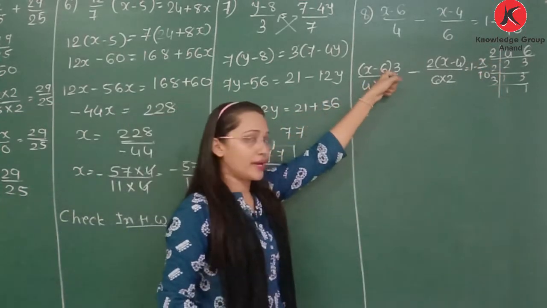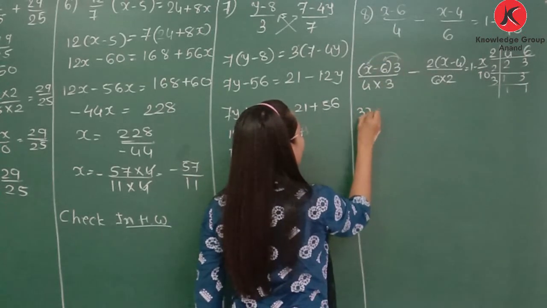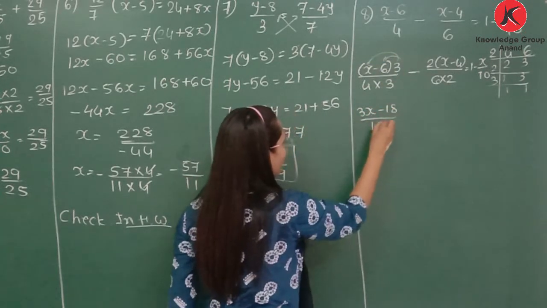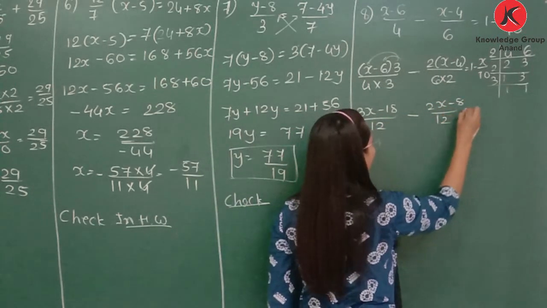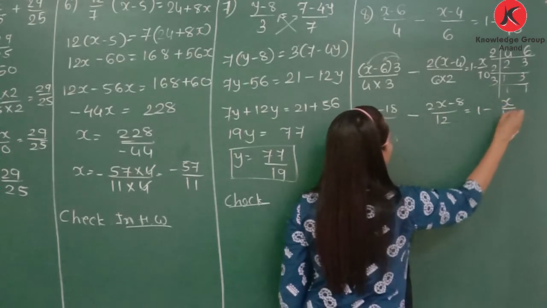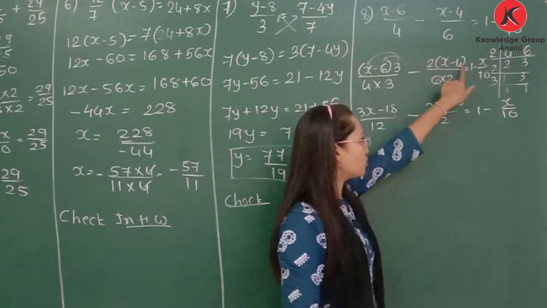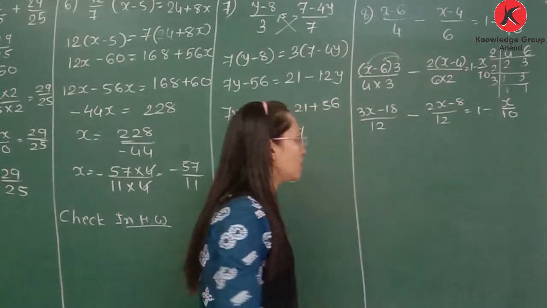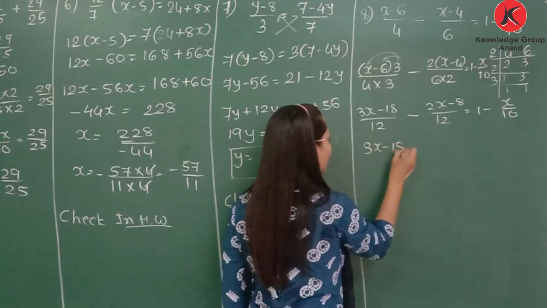Now open the bracket. So 3 is multiplied with both numbers. So 3x minus 18 divide 12 minus 2x minus 8 divide 12 is equal to 1. Here we multiply 2 with x, 2 with 4. So 2x minus 8. Now the denominator is 12, so we can combine the numerators.